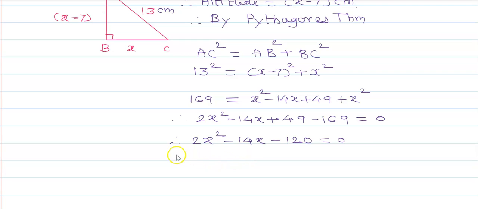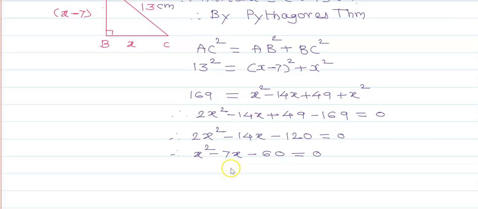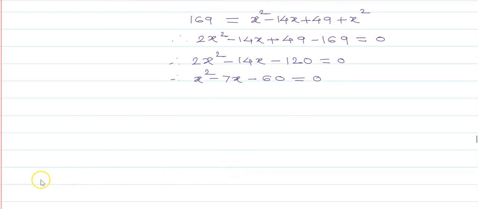If we divide it by 2, then x square minus 7x minus 60 is equal to 0. Okay, now we need two numbers whose sum is minus 7x and whose product is minus 60 x square.